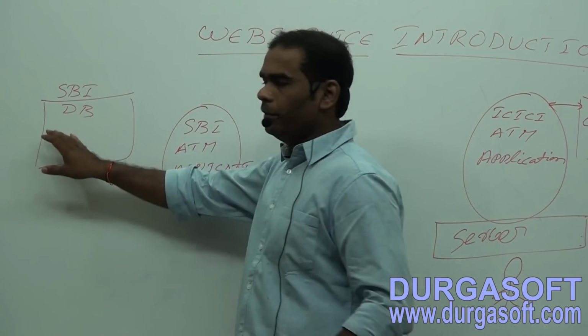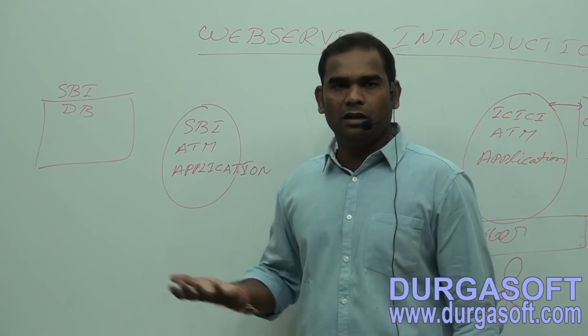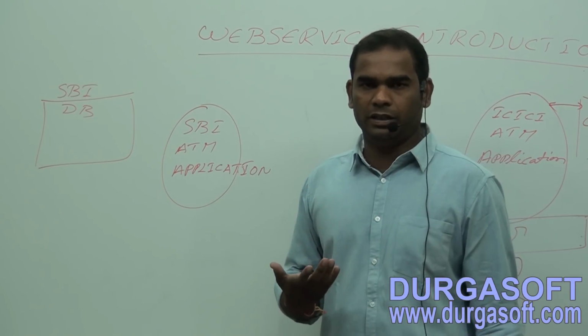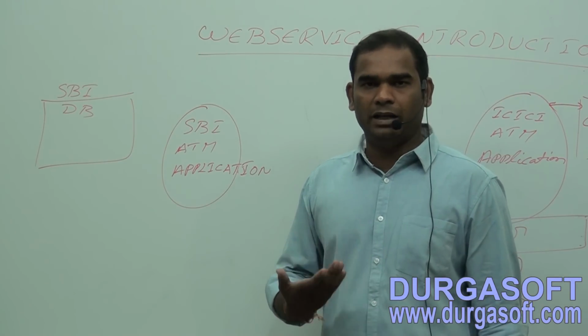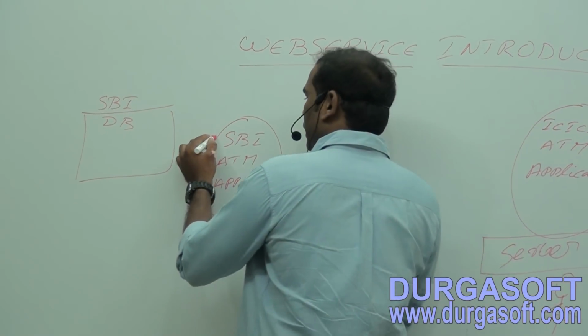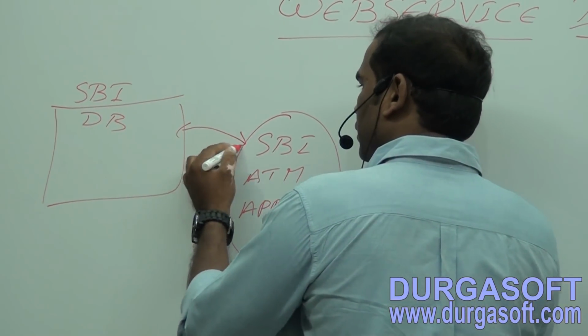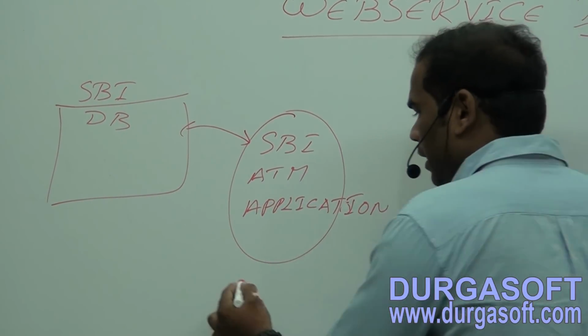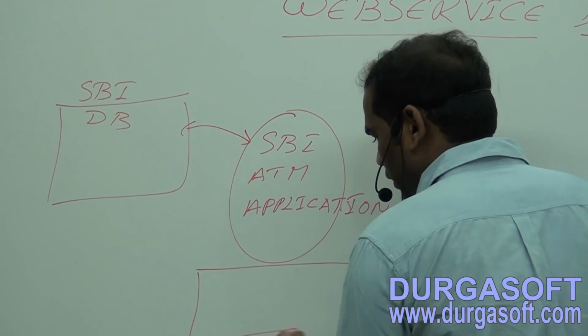This SBI database contains all the SBI customer details: customer account number, balance, addresses, and everything. This application interacts with this database, and this application is running on one server.